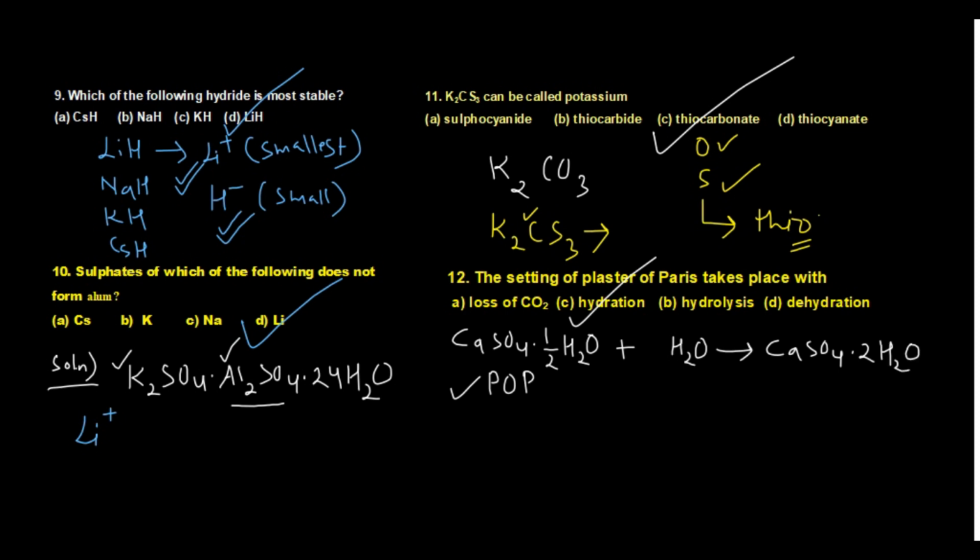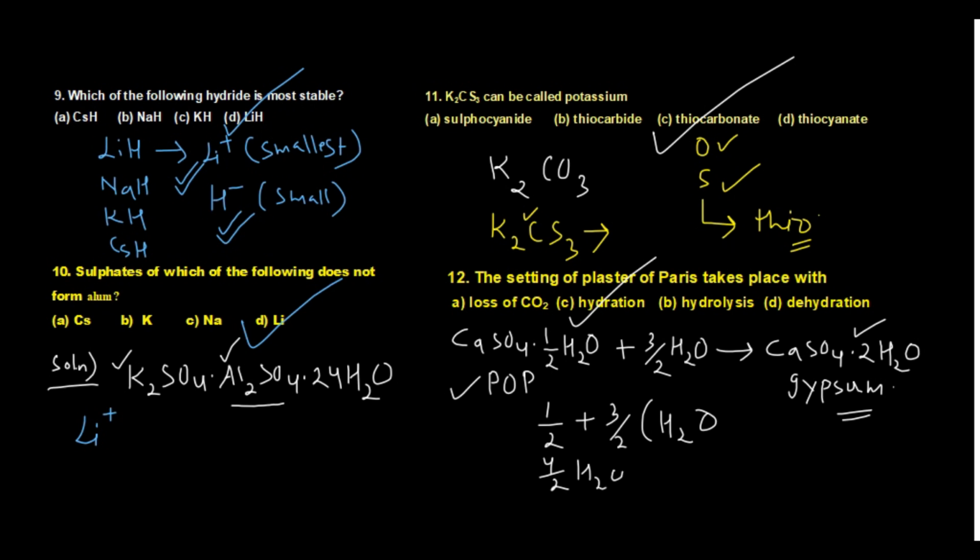This is the process of the setting of the cement. To balance this, you have to write 3/2 H2O. You have the half of this and 3/2 of this, which makes 4/2 of H2O, simply 2 H2O, which I have written here. So basically it is the process of hydration which is taking place. So option C is the correct answer.